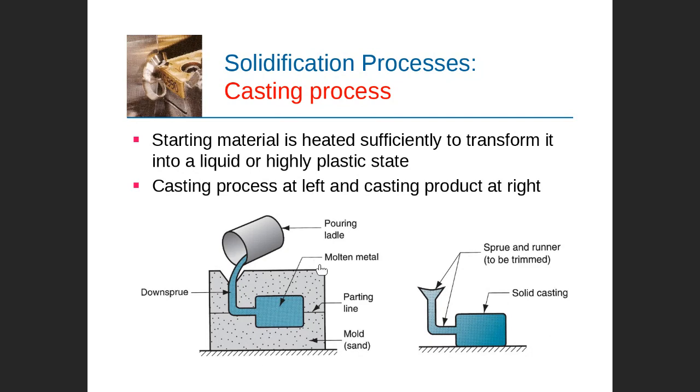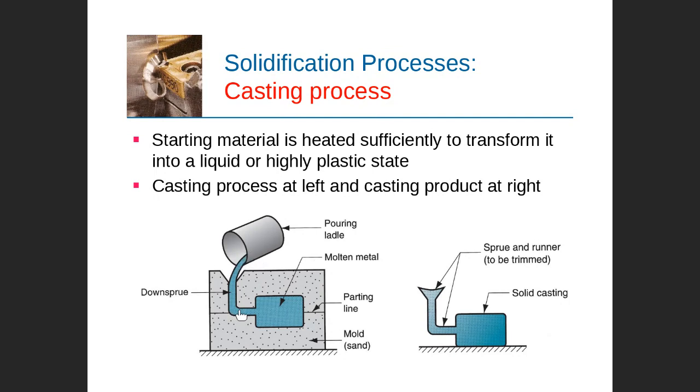We call this the mold. We bring the liquid inside a certain cavity. This cavity is prepared typically with the shape of the part that you would like to produce. So the cavity has exactly the same shape as the part you would like to produce.